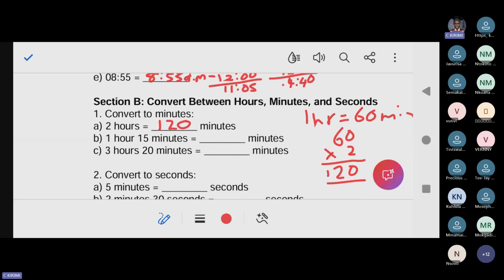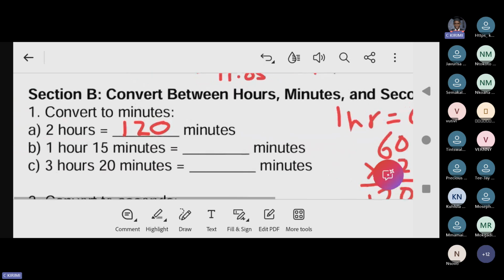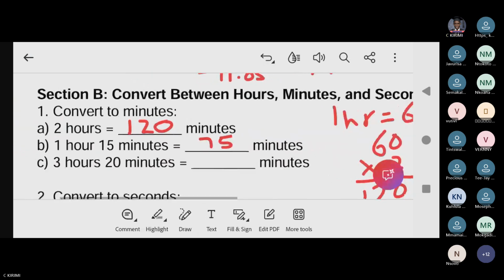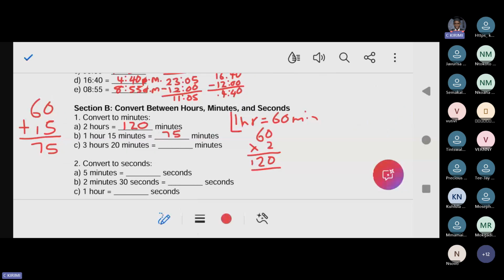You add your 60 minutes plus your 15 minutes. 0 plus 5 is 5, 6 plus 1 is 7. So there you are going to get 1 hour, 15 minutes is 75 minutes. So you must know that the conversion of 1 hour is equal to 60 minutes.